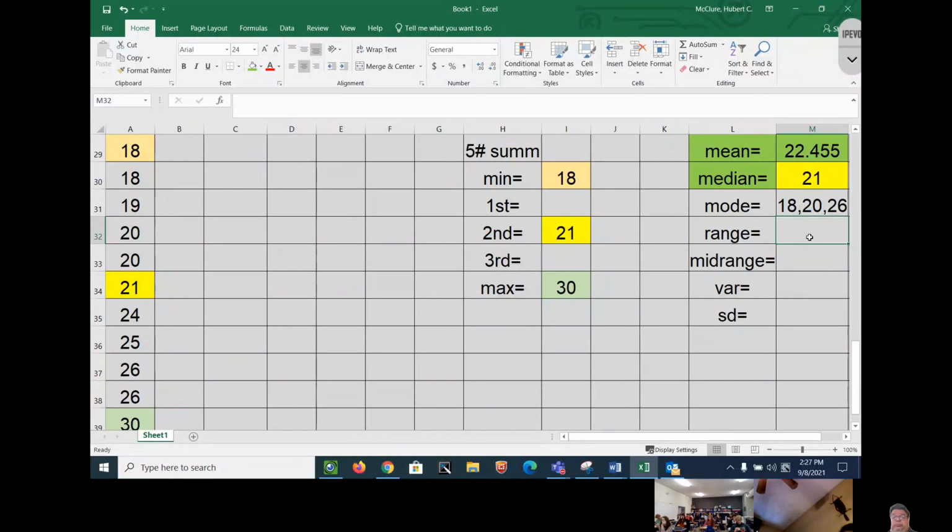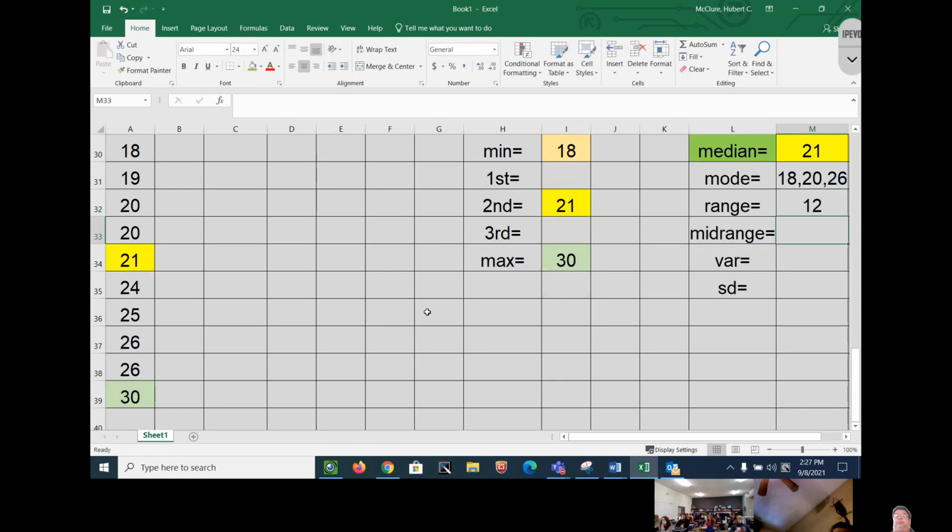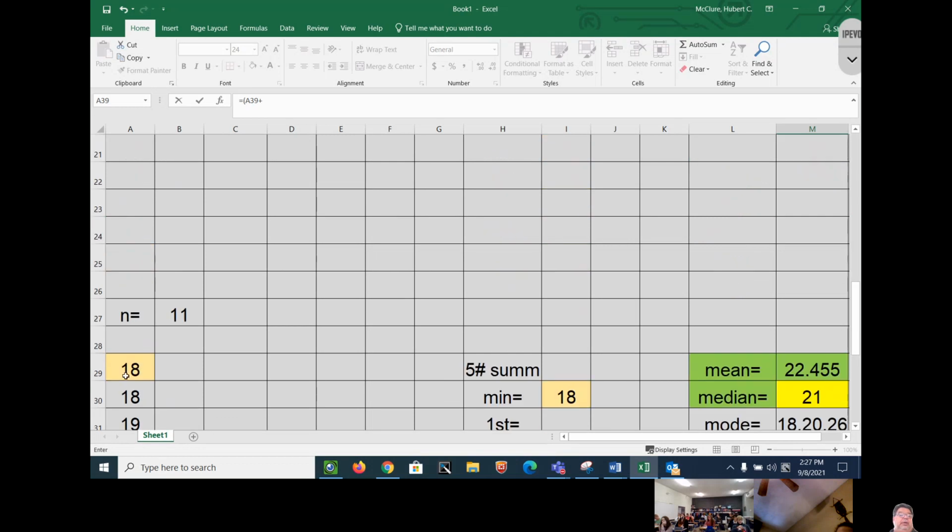Agreed. Range is equal to 30 minus 18. Mid-range is equal to 30 plus 18 divided by 2.